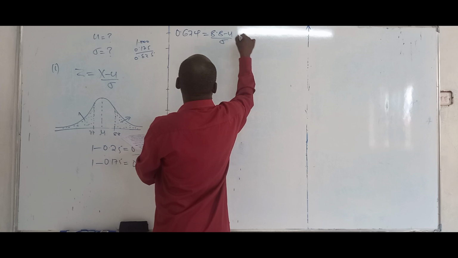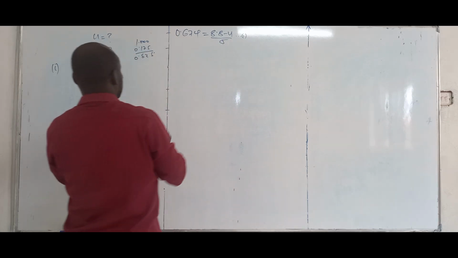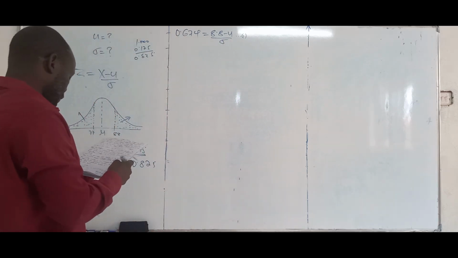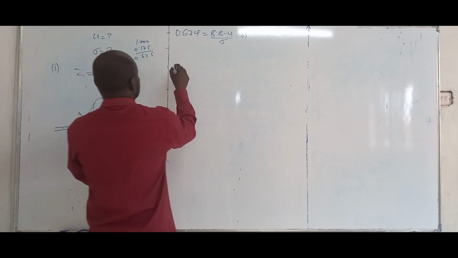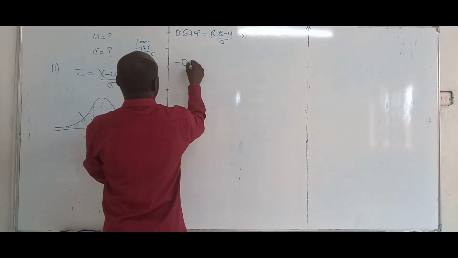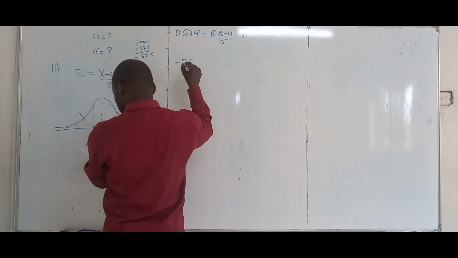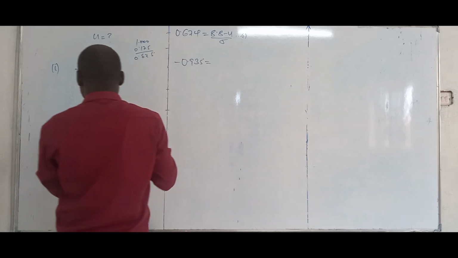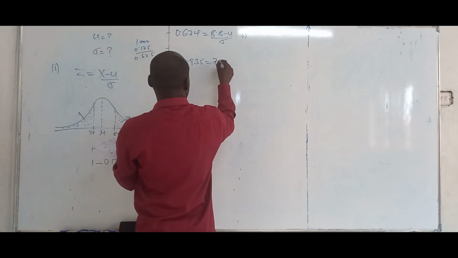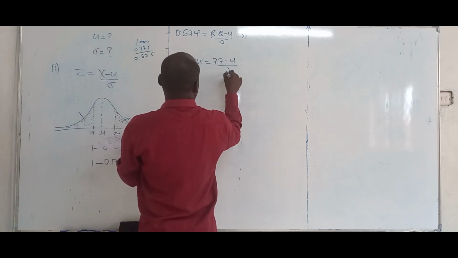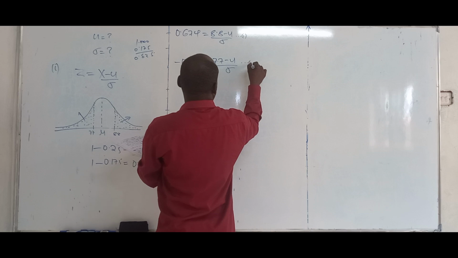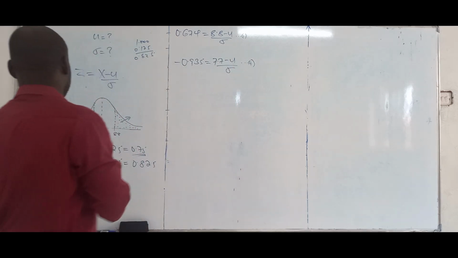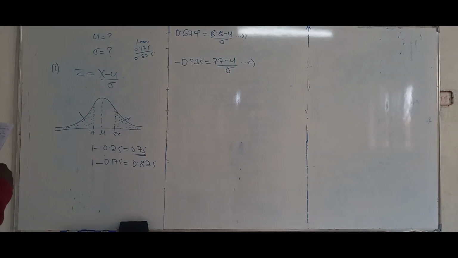That is my first equation. In the second equation, the value that corresponds is negative 0.935, so we say that is 7.7 minus mean over this. So those are the two equations.